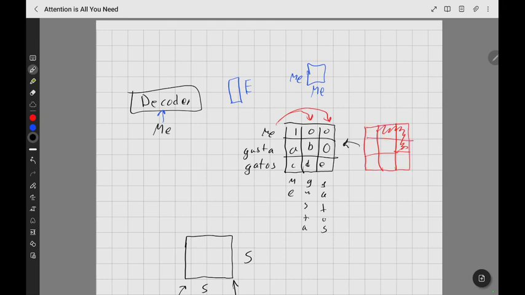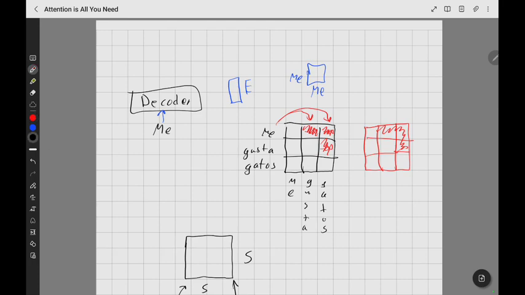Now you can see that whenever we feed the sequence "me gusta gatos", "me" cannot look at anything in the future. "Gusta" cannot look at anything in the future, and "gatos" can because it doesn't have anything in the future.